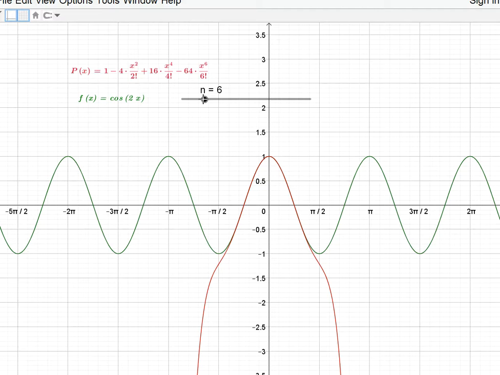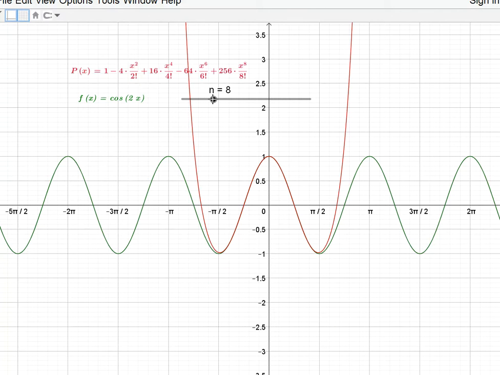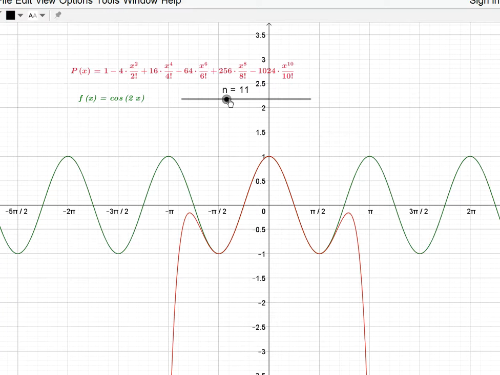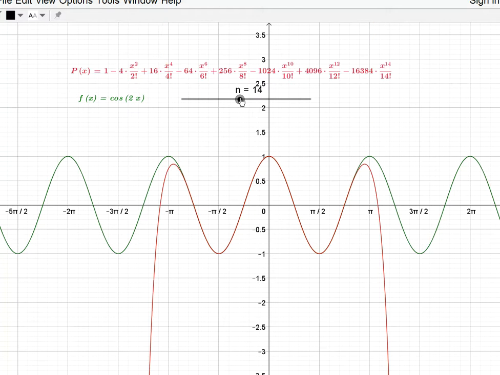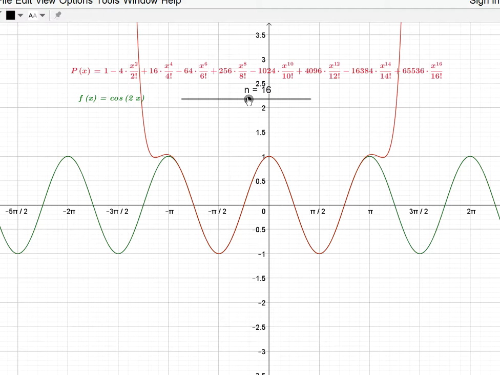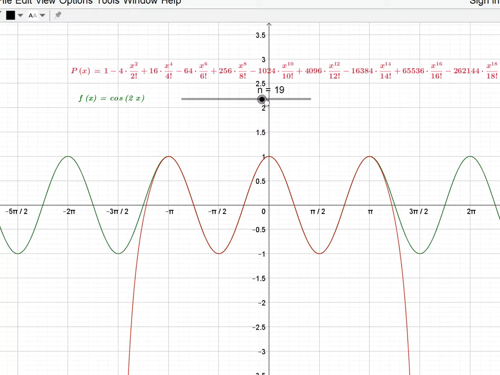Here, if we add that fourth term, again, look at the range of x. Note that x is in radians on this graph, over which the approximation fits the actual function quite well. Up to 8, 10, 12, 14, and so on.